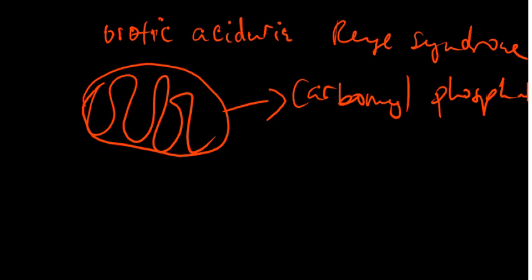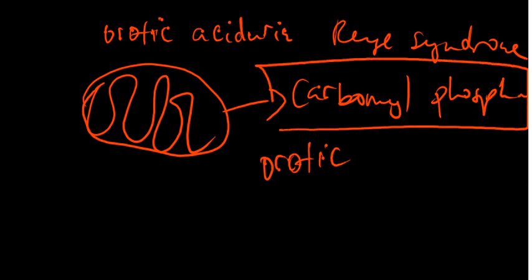So when the mitochondria is damaged, it's unable to utilize the carbamoyl phosphate, which becomes available in cytosolic production of orotic acid. So carbamoyl phosphate helps in the formation of orotic acid. So if the mitochondria fails to utilize it, it means it's going to be used to make more and more orotic acid.